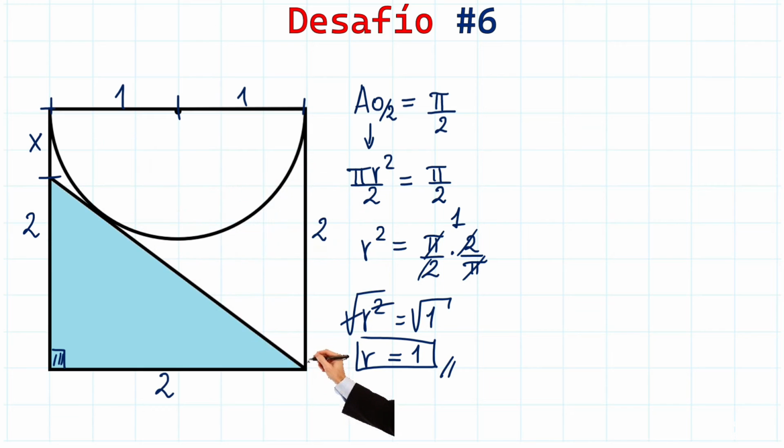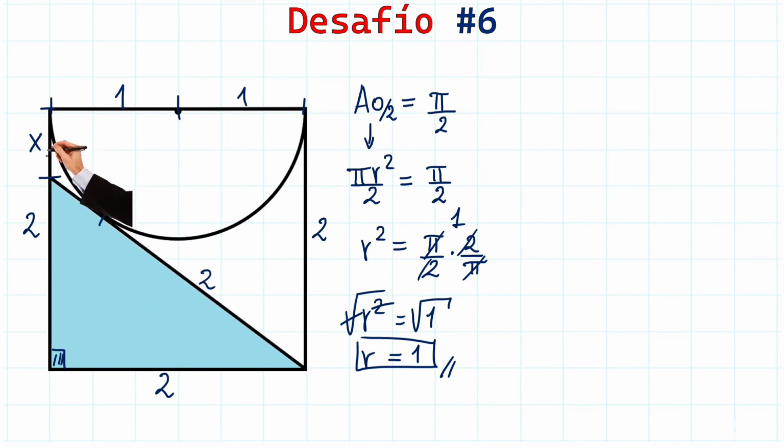This line, which is the side of the square, is tangent to this semicircle at this point, and this other line connected here is also tangent at this point. Since both are tangent and meet at a point, they must measure the same. If this measures 2, this over here will also measure 2, but only up to here.